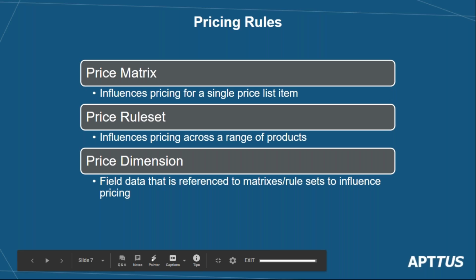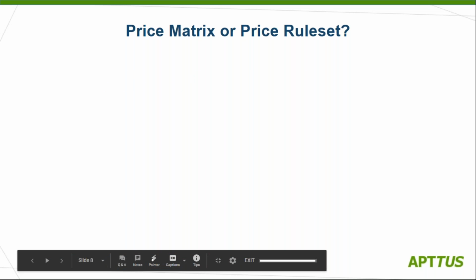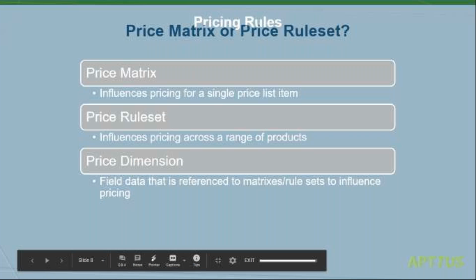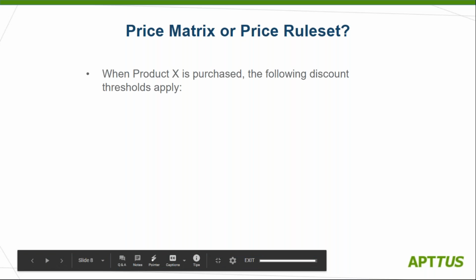So price dimension is basically a field value or field data that we can refer to in matrix and rule set. Now, based on your understanding that price matrix is for a single price item, for single products, and price rule set is for a range of products, here are just simple questions to understand if it is a price matrix or price rule set.